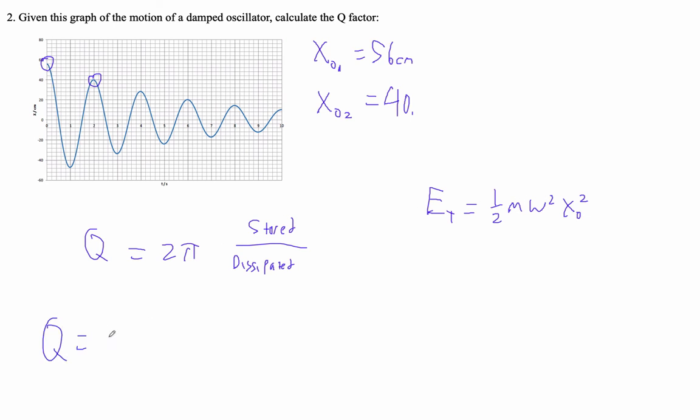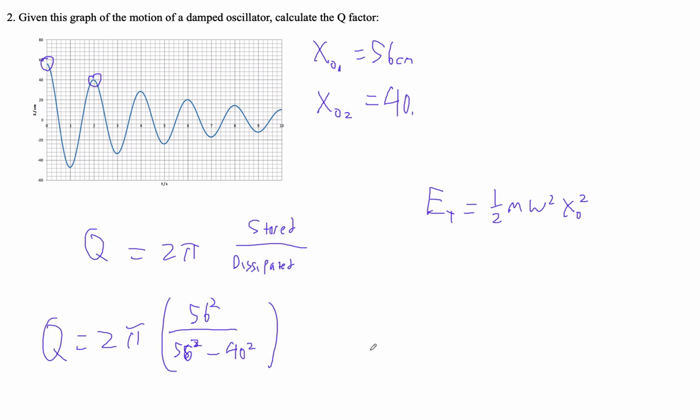So we can go Q is 2 pi, and then 56 squared divided by 56 squared minus 40 squared. Okay, so dissipated would be the energy lost between the first and second cycle, and stored would be the energy of the first cycle. Now we could include these, except we don't know mass. We could figure out omega, but it cancels out, so that's why we can just write it like that.